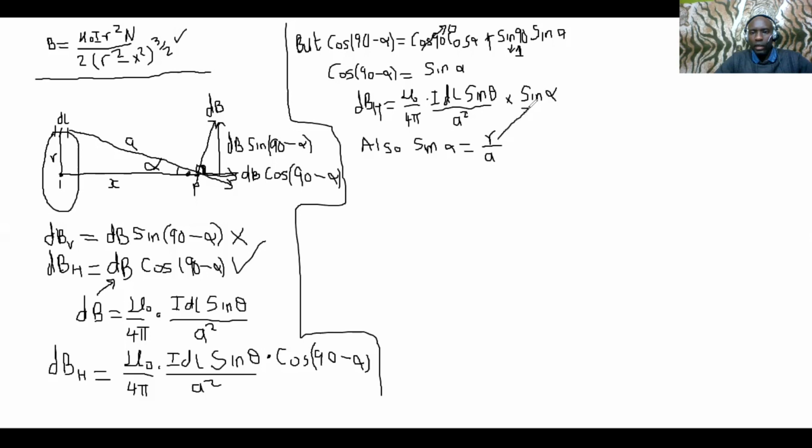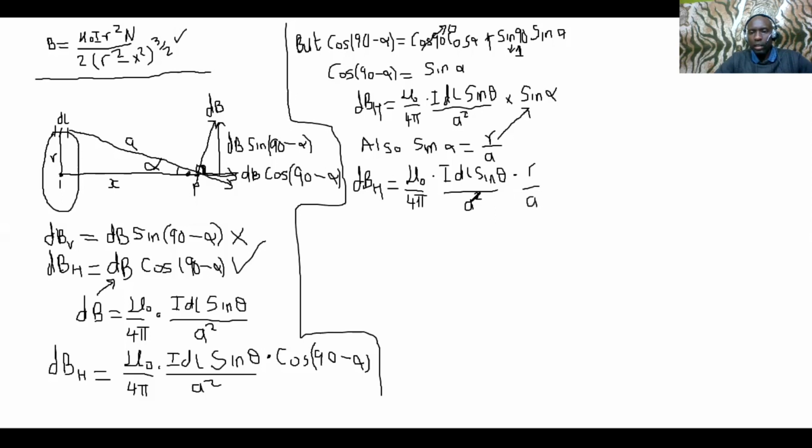Now we substitute it there, and we are going to get dBH, which is the horizontal component, not the vertical component, mu naught over 4 pi multiplied by I dl sine of theta, divided by a square, multiplied by r over a.